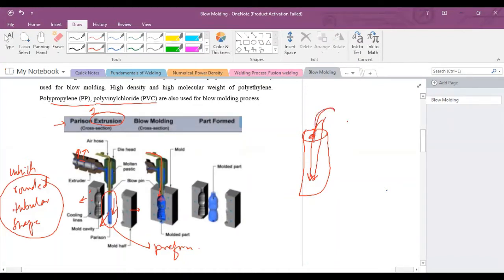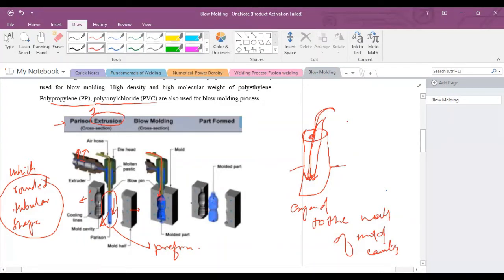This pressurized air allows the wall of the parison to expand to the wall of the mold cavity. It will expand due to this air, and this pressure is maintained until the plastic cools down, right?